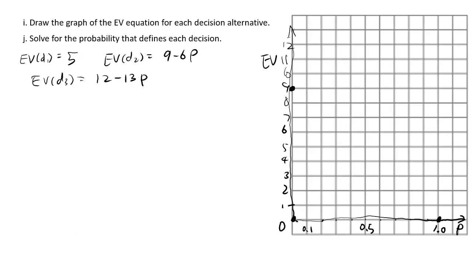Then you plug in 1 for P: 9 minus 6 times 1 is 9 minus 6, which is 3. So at 1, you have 1, 2, 3. Once you know that EV D2 is a straight line, all you have to do is connect these two points by a straight line. Let me try to draw a straight line here.